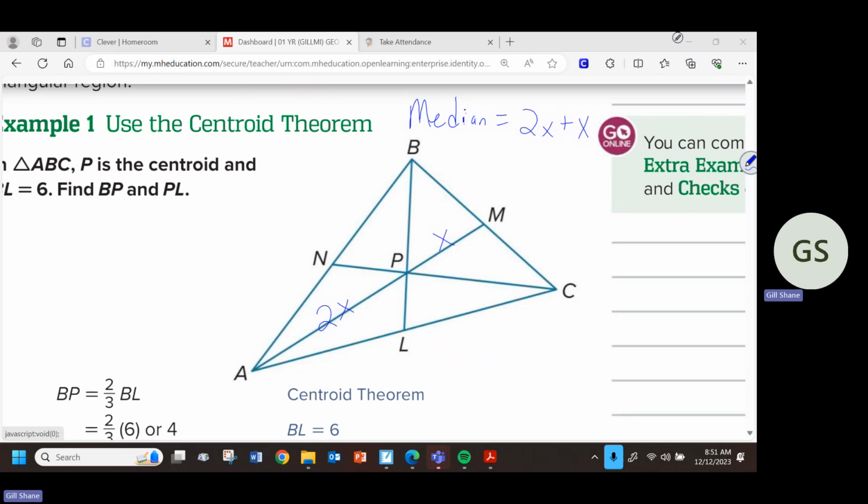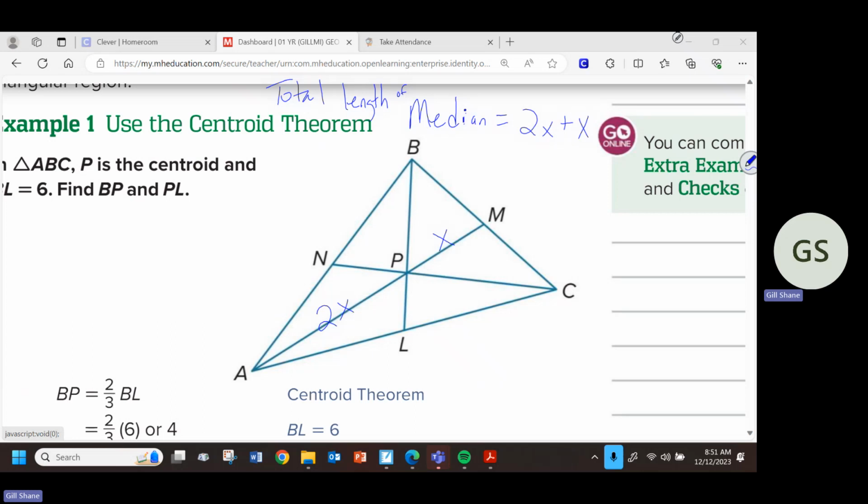The total length of the median then is x plus 2x.